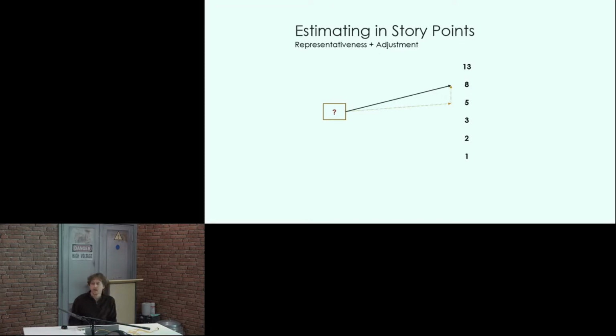And then we can do some adjustment, like, but it's a bit harder than a typical 5 story points item, so it's 8 story points. And this thinking may happen subconsciously, like as a subroutine, and we can have just a basic gut feeling that, well, that's an 8 story points item.